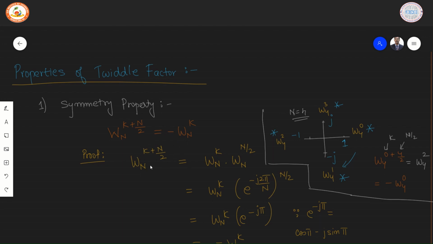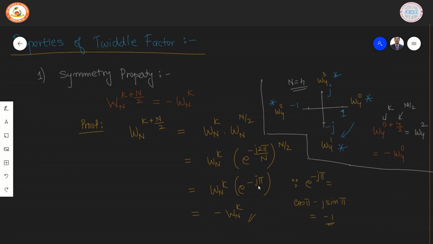This can be easily proved. First we take the LHS of the equation. Now the exponent can be split into two terms, so it becomes a product of W_N to the power of k into W_N to the power of N/2. Keeping the first term as it is, as it's required in the solution, the second term is expressed in the exponential form, (e to the power of minus j2π/N) whole power of N/2. The N and N cancel, 2 and 2 cancel, and we get e to the power of minus jπ.